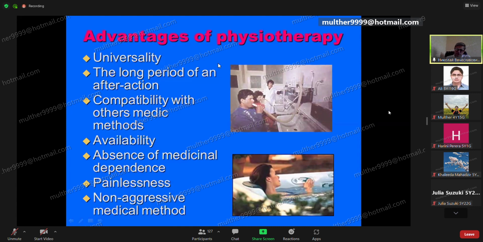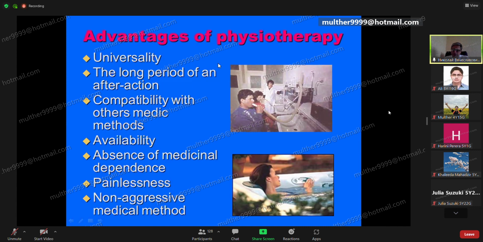Availability for the majority of people, because these methods are usually not expensive, and relatively cheaper than new generations of modern medication, and of course surgical treatment.